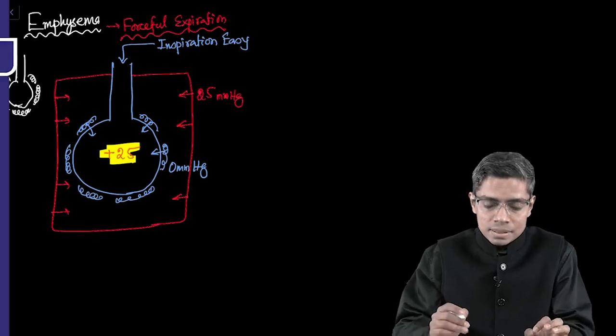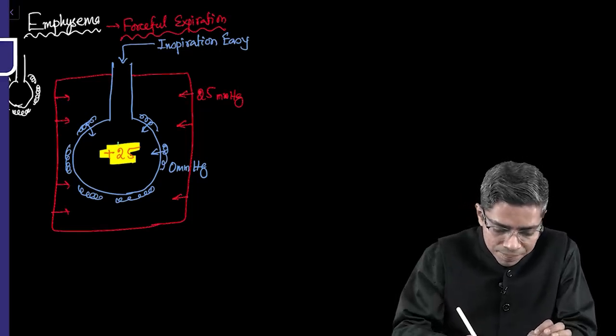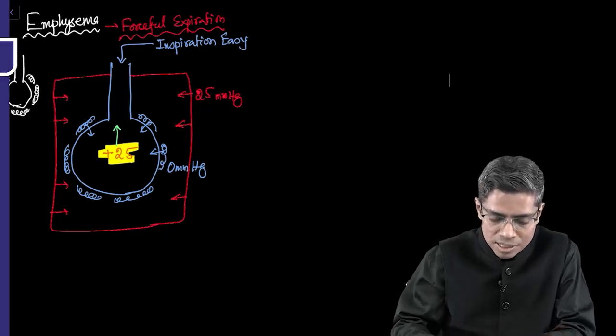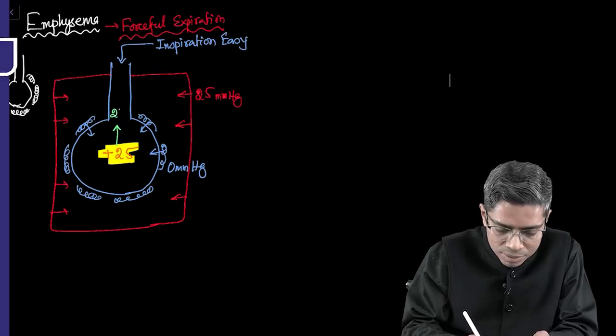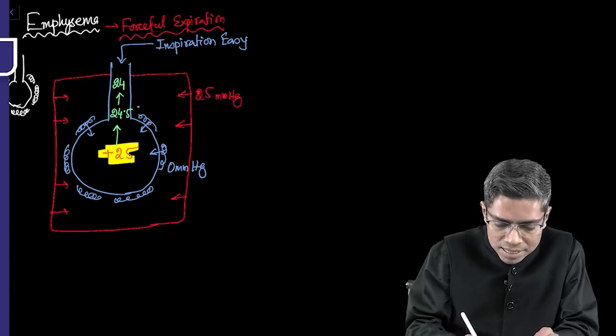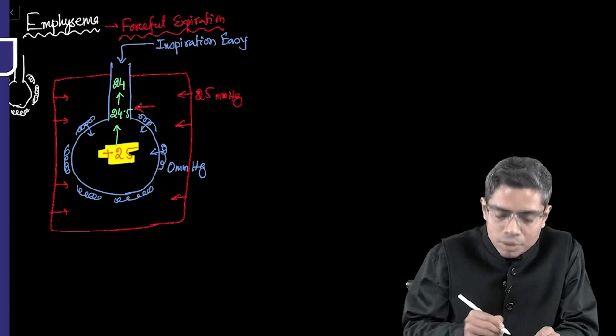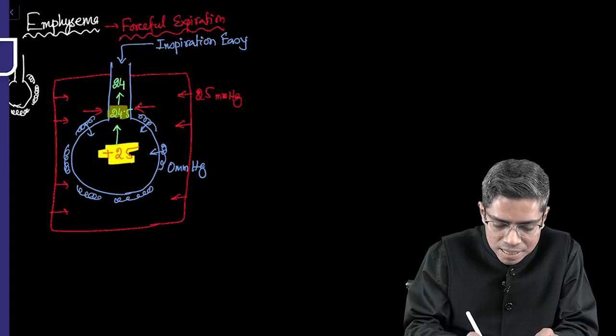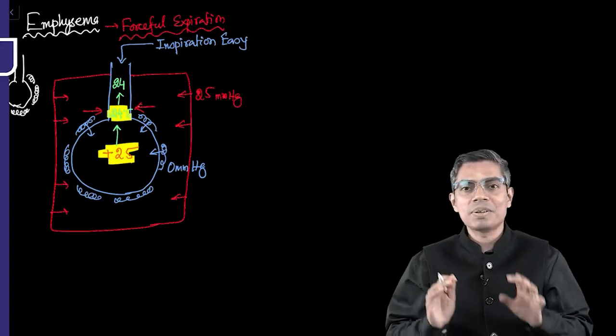So if the air is pushed with this 25 millimeter of mercury pressure, just now we have discussed that there will be a drop of pressure along this pathway, and whenever this pressure drop is happening, I can understand that the outside pressure of these bronchioles is more than the inside pressure. So what will happen?